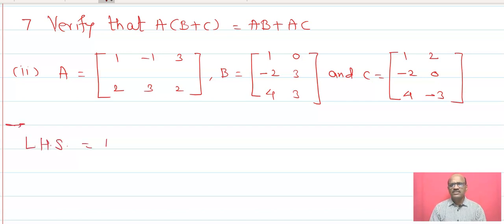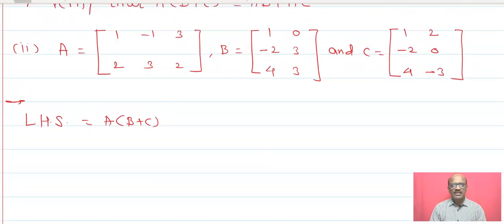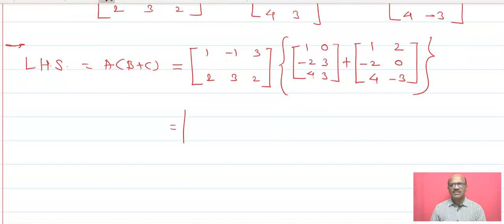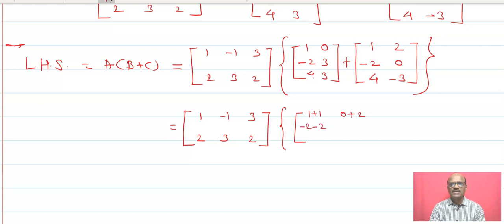Now first of all we will consider the LHS, that is A(B + C). A is [1 -1 3; 2 3 2], next is B, that is [1 0 -2; 3 4 3], and the next matrix is C, [1 2 -2; 0 4 -3].